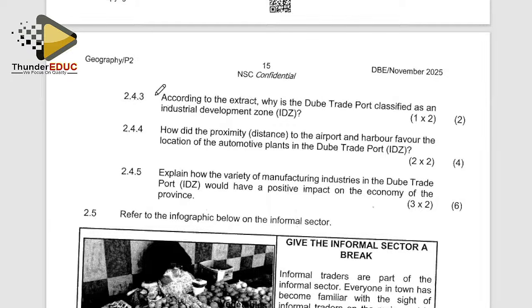Why are they favorable? For one obvious reason, we highlight the distance, reduced costs of transportation.